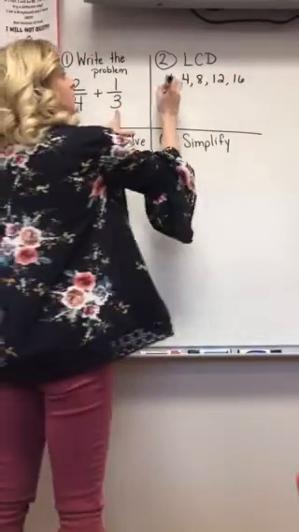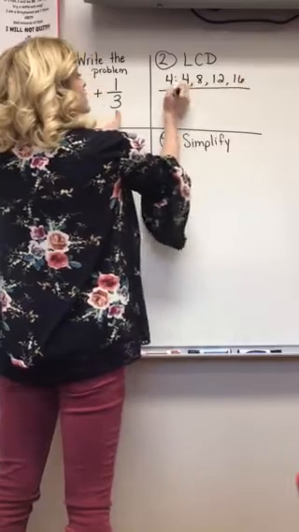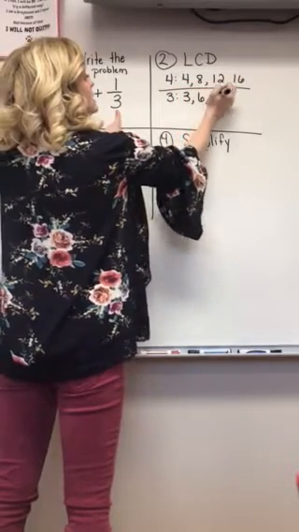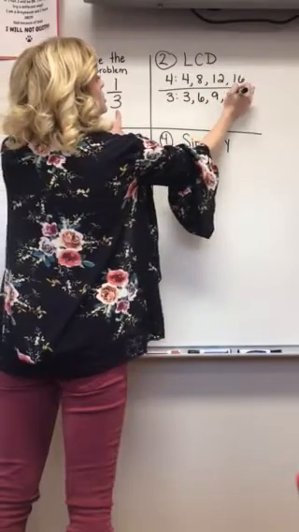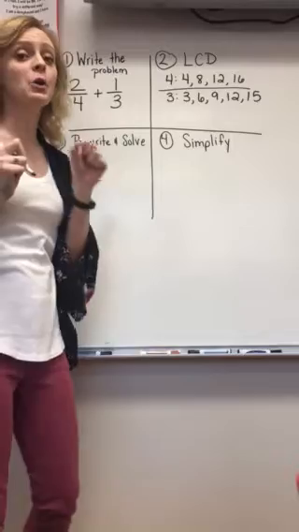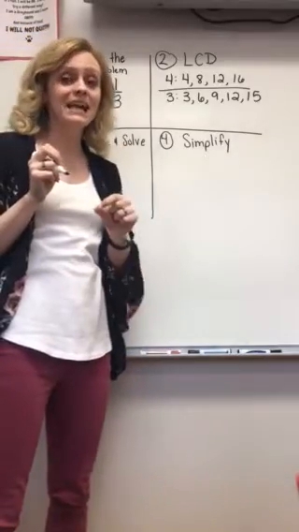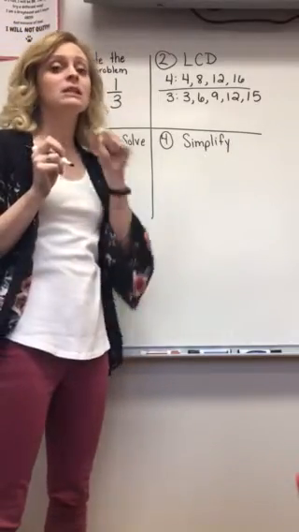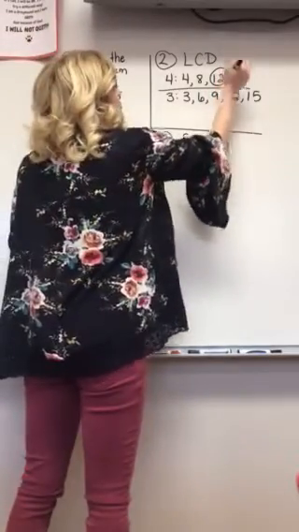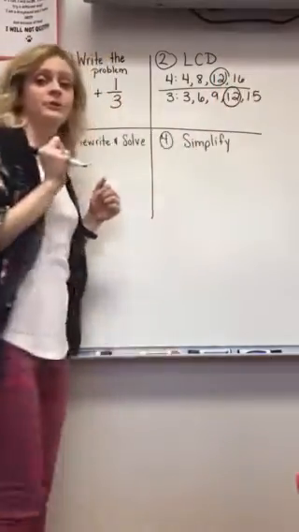Now we're going to list them for the number 3 because it's our other denominator. 3, 6, 9, 12, 15. Then we're going to go back and find the same smallest number. So here it's going to be 12 and 12.